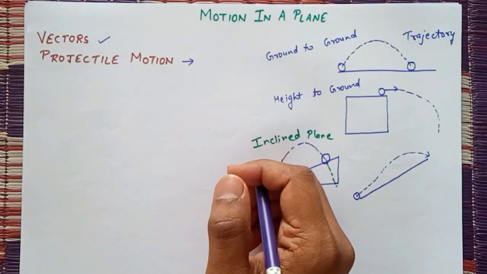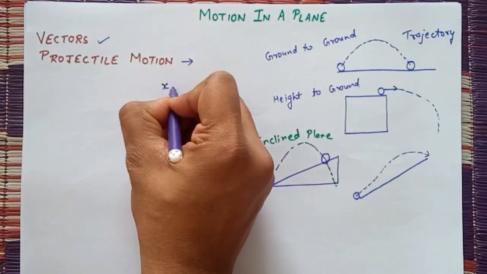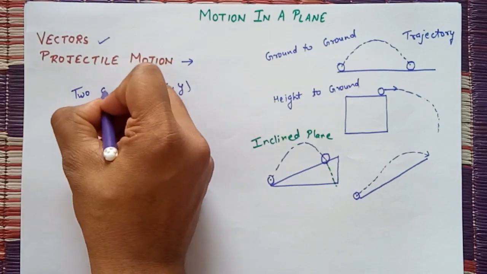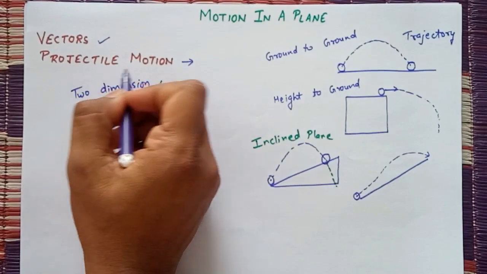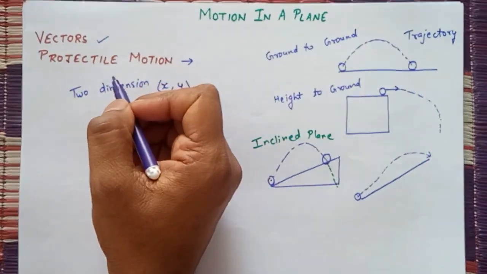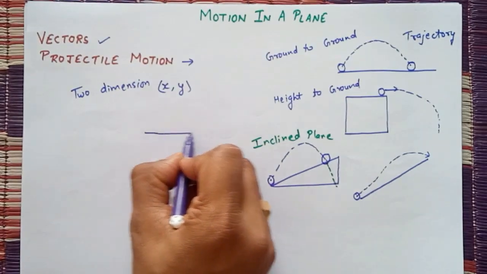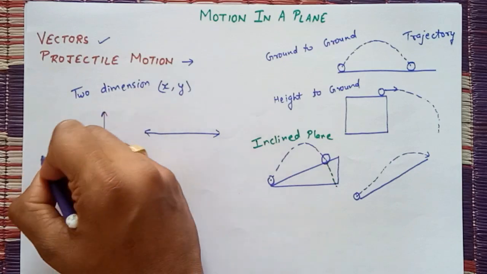See, when the object is moving like this, when the x coordinate and the y coordinate, I can say the two dimensions of the particle, are changing, then I can say it is projectile motion. In the previous chapter, chapter number 3, motion in a straight line, the object moved on the x-axis or the y-axis or any straight line.